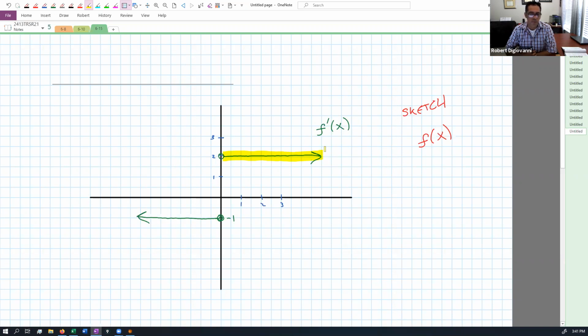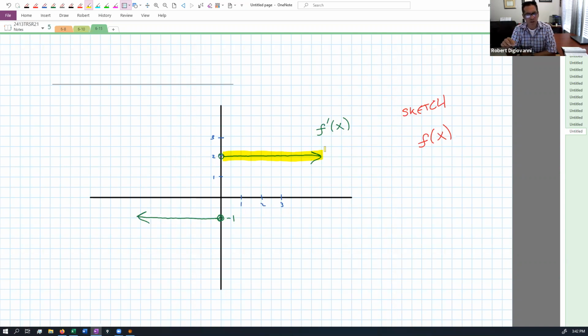It's 2, right? It's 2 because it's constant. So that means when I draw the original function to the right of 0, all the tangent lines should have the same slope of 2, right? Everywhere you are.